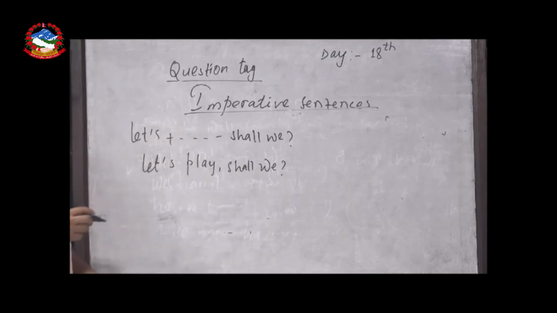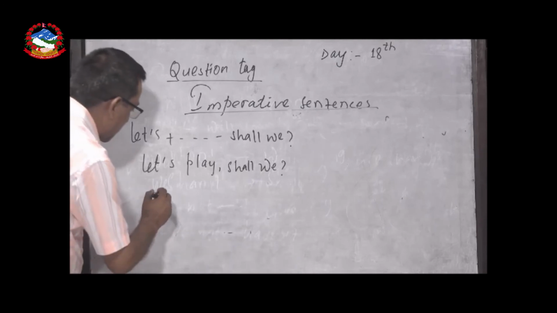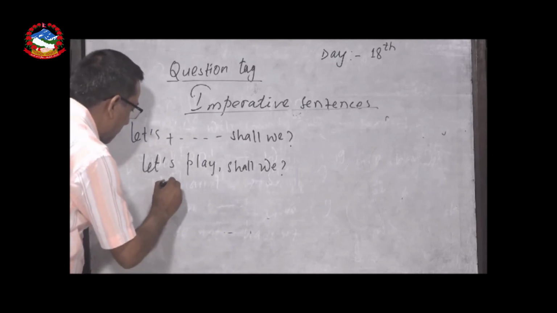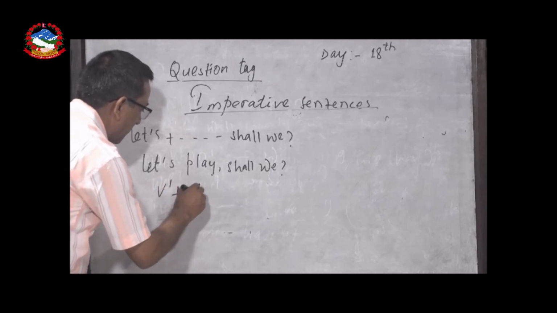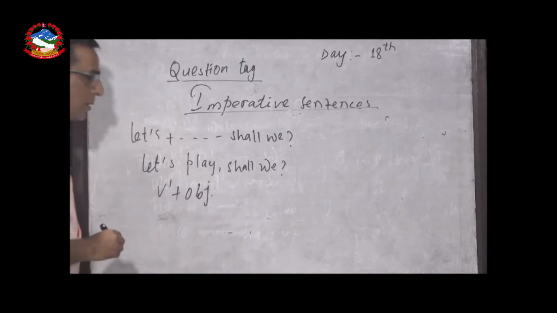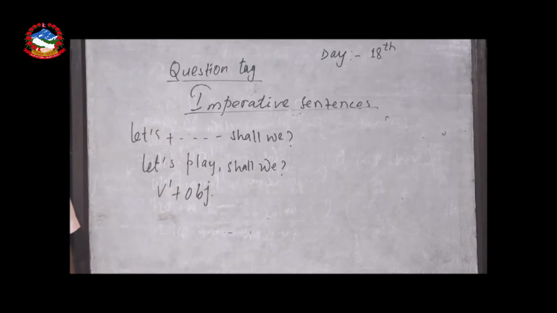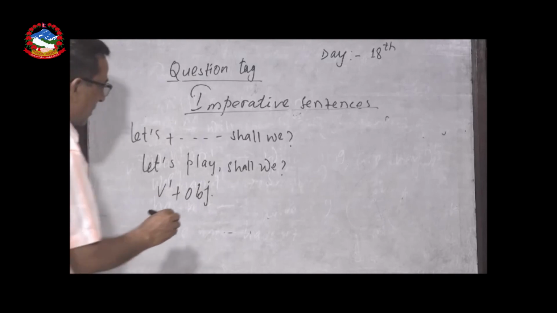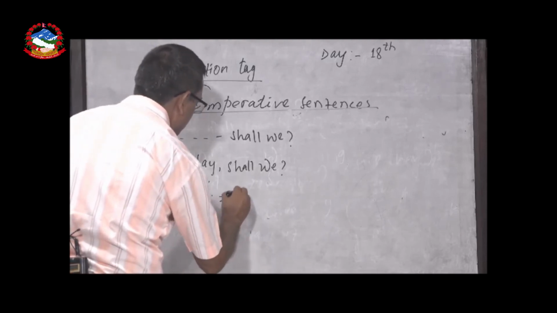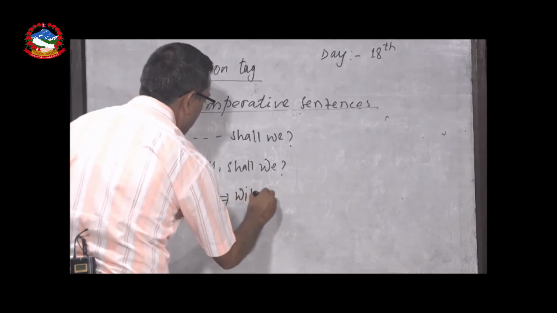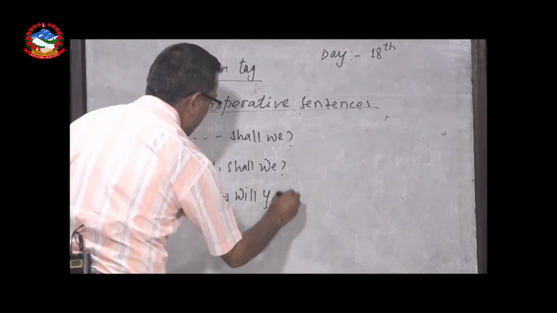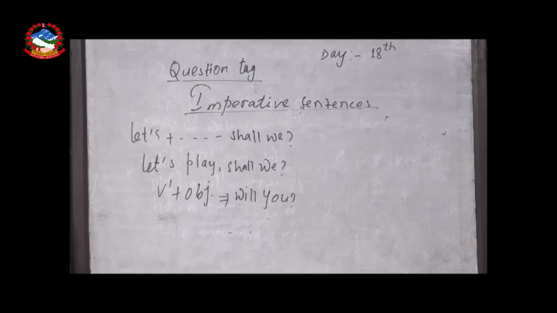Now, the another one. If the sentence starts from verb 1 plus object, the tag becomes will you. Verb 1 plus object.